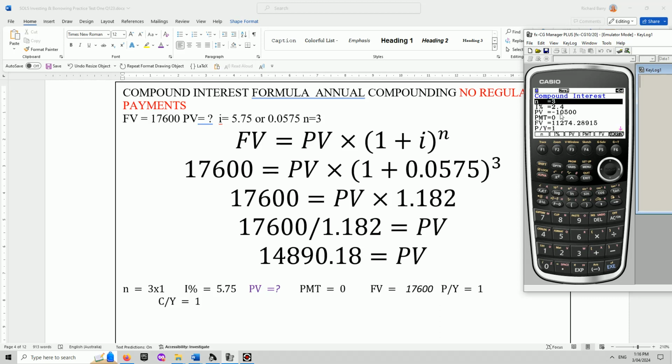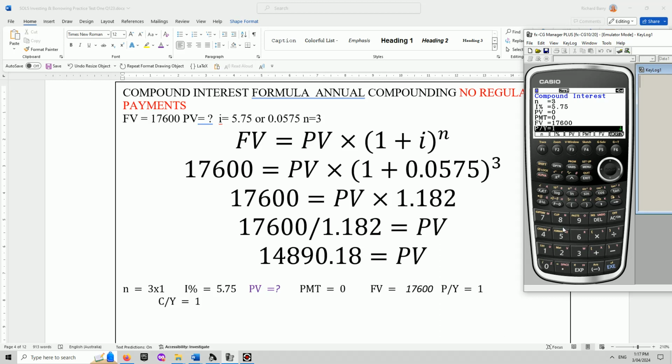Another question with 3 years, that's handy. The interest rate is 5.75. The amount of money going in is unknown, so I write a 0 there. The payment is definitely 0. The future value ends up as 17,600.